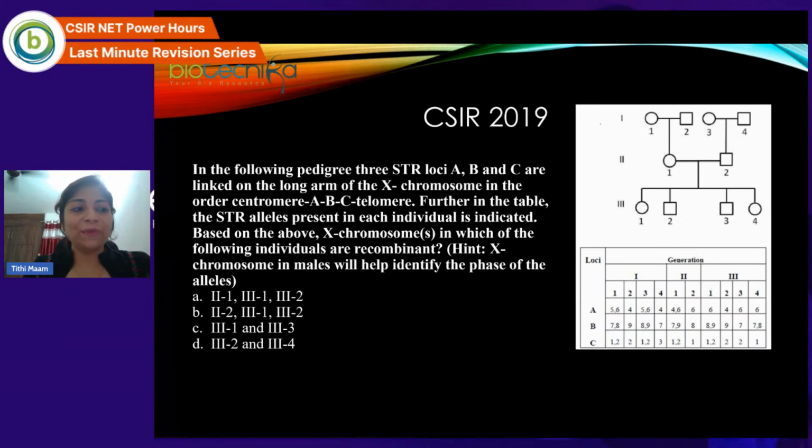So can I have some responses from those who are able to solve this question on their own? Okay, Mayuri. What about others? No one else?